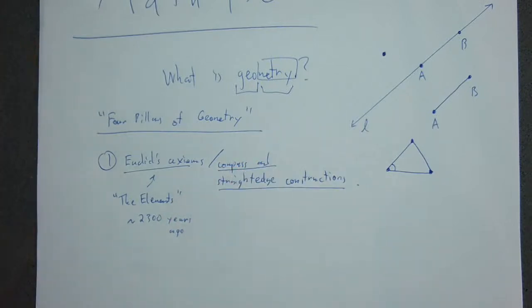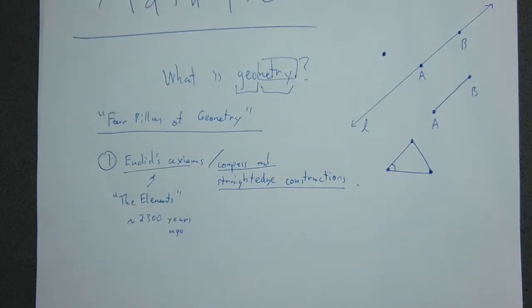And The Elements was a textbook in the modern sense. In fact, pretty much every math textbook you've ever seen is modeled on the Elements, because Euclid figured out this way of exposition that is basically the optimal way of explaining anything in math, which is you start with a list of axioms or common notions or postulates or assumptions that you don't prove.